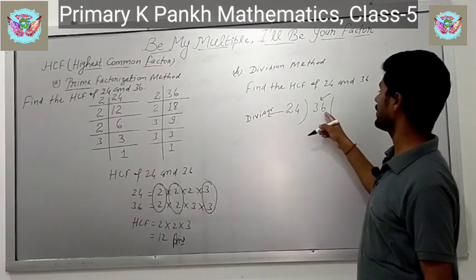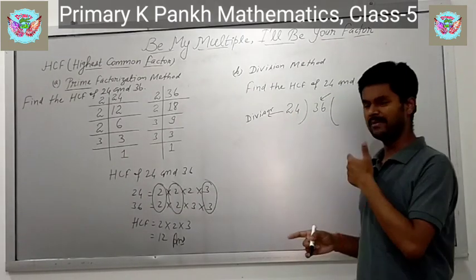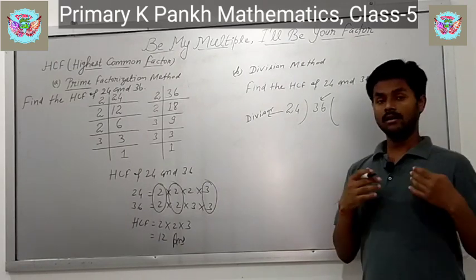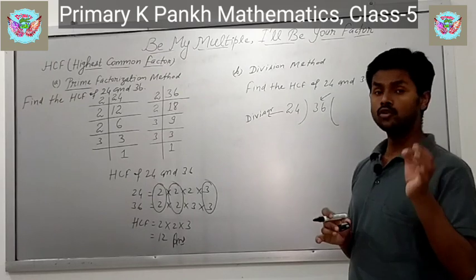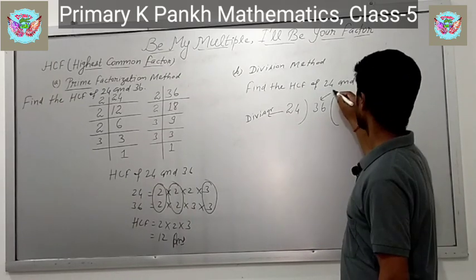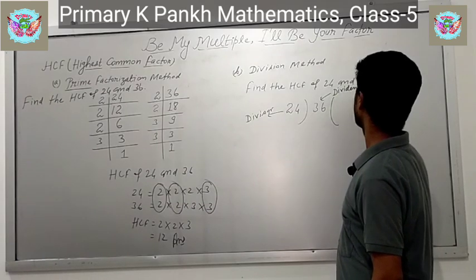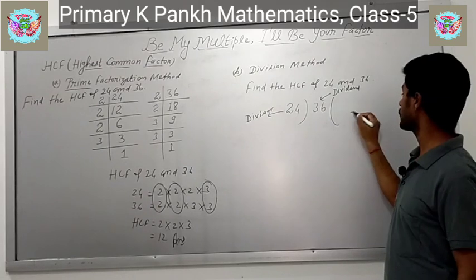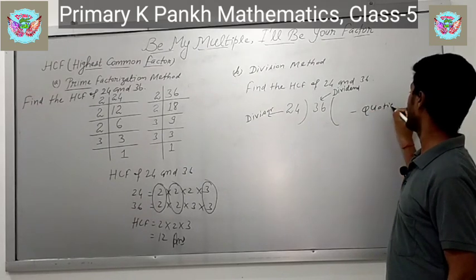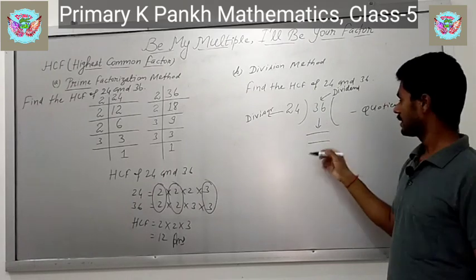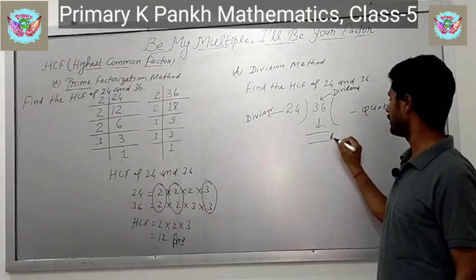And the number in the middle of the box, the number which we are going to divide, is known as the dividend. The number that comes on top is known as the quotient. And after subtracting, the number which we find at the end is known as the remainder.